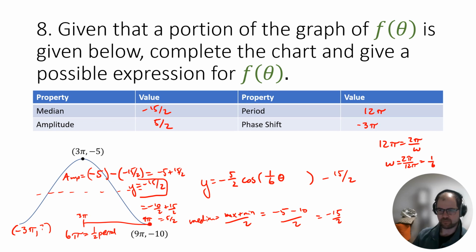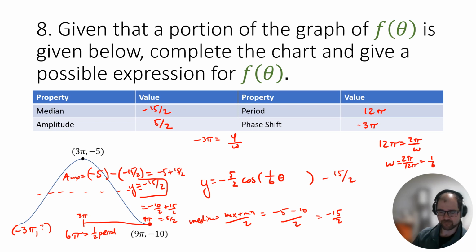So minus 3 pi. Now our phase shift, let's look for some blank space. I'll just put it right here under where the words phase shift are. Our phase shift of minus 3 pi is going to be phi over omega.